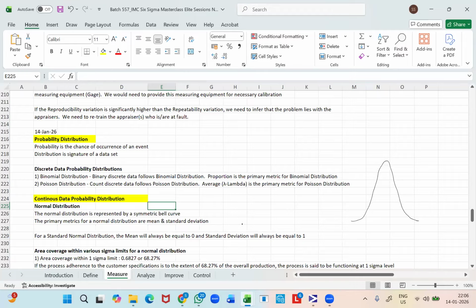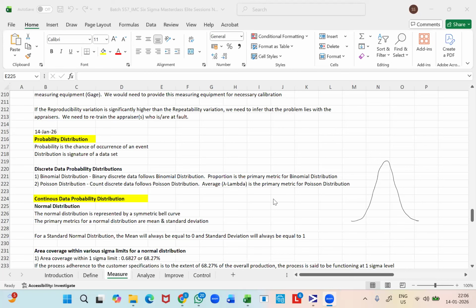Just like how we saw the historical performance given in terms of a proportion value for a binomial distribution exercise and an average value for a Poisson distribution exercise.